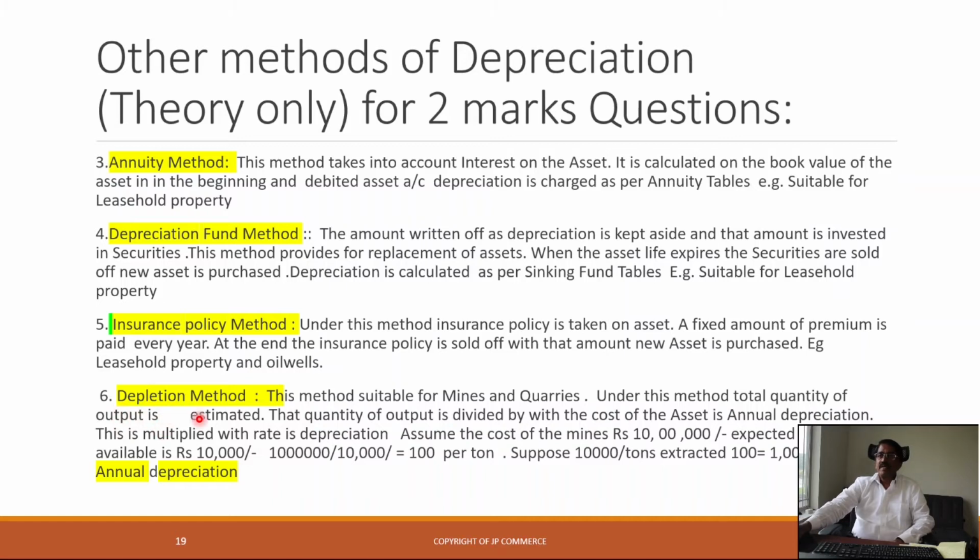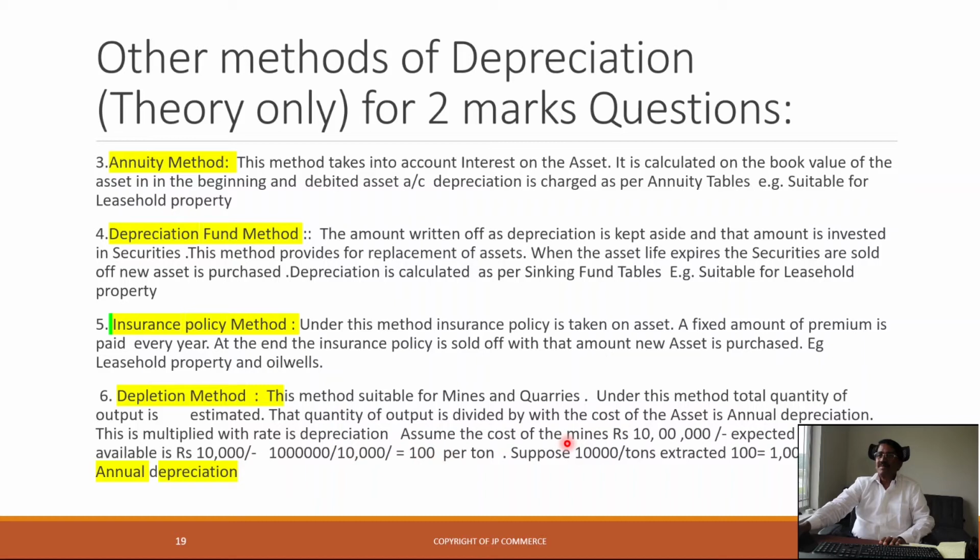Next method, the depletion method. Depletion here means extraction or digging and is only suitable for mines and quarries. Under this method, the quantity of output available in that area is estimated first. The cost of the asset is divided by the quantity of output to get the rate.